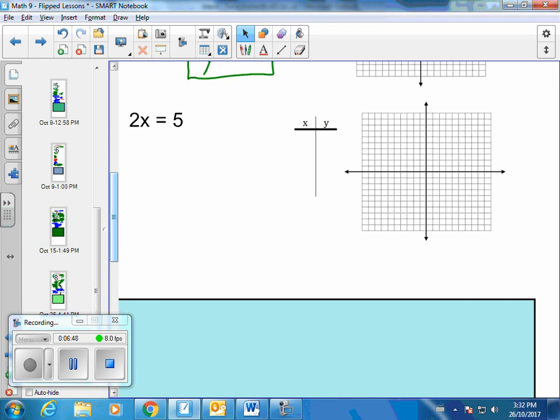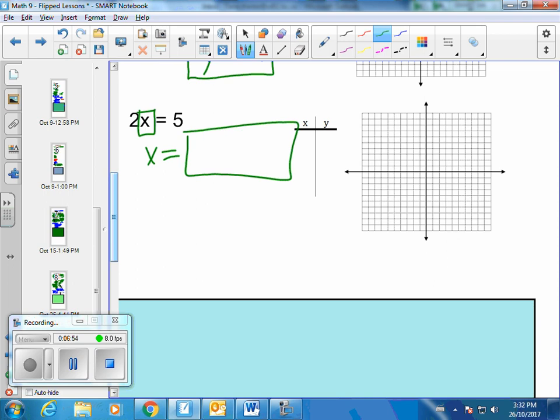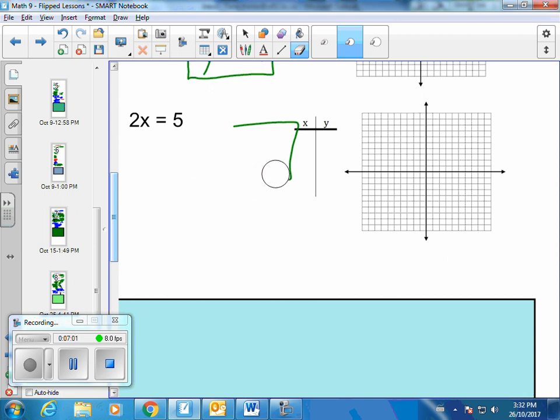Let me get this stuff out of the way. I need to get this x all by itself, so I need an x equals statement. In order to do that, I need to do the opposite operation of whatever is going on with my number.